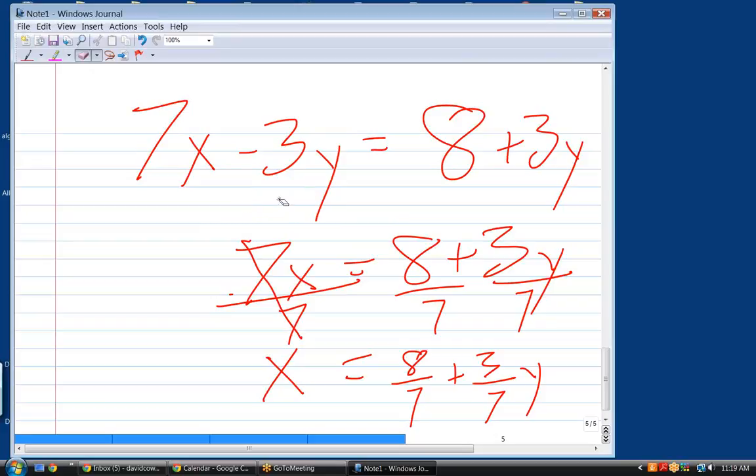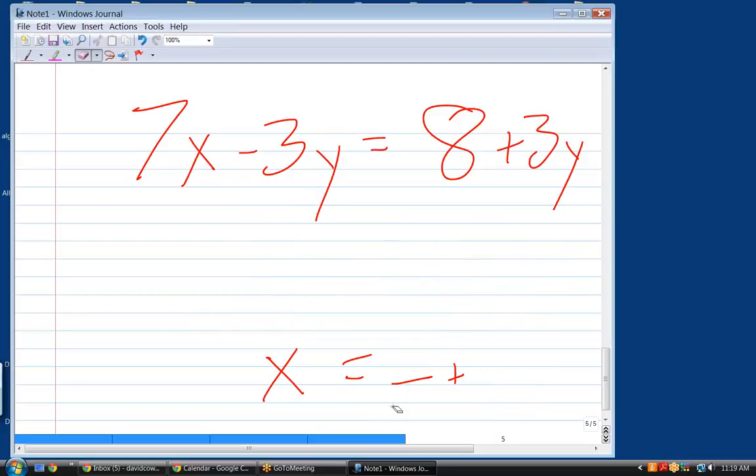Yeah. I mean, it's all arithmetic. That's all you're doing, trying to isolate whatever variable it is you're solving for. Okay? So now let's solve it for y. In other words, now I want to go through a similar process, only this time I want to have y equals at the bottom, or something equals y.